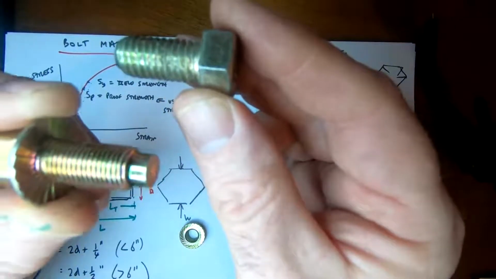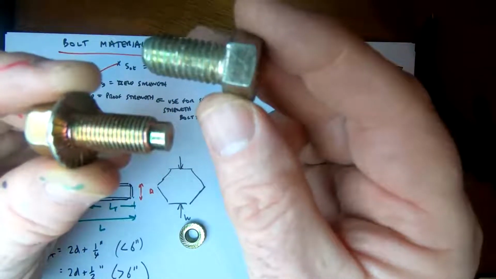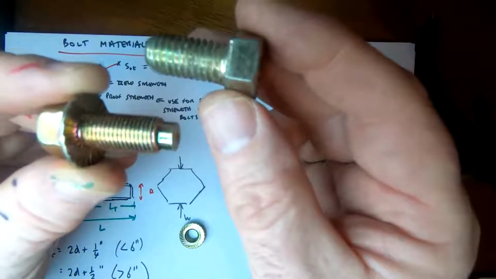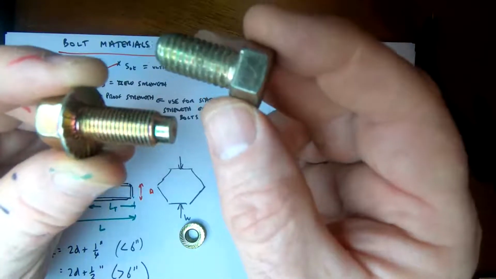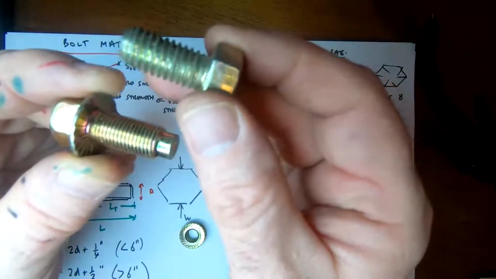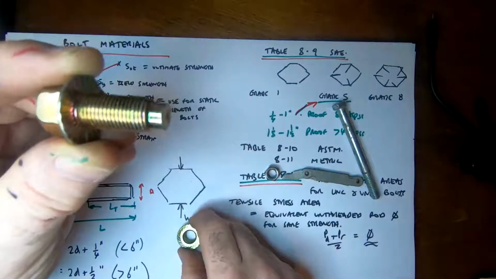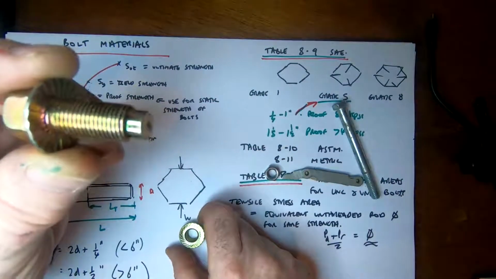So the fine one here would actually be much better for vibration, much less likely to come loose than this. If you think of the threads as a slope, falling down the slope, it's a steeper slope on the coarse threads than it is on the fine threads. It's much more shallow thread. So the bolt's much less likely to come undone.